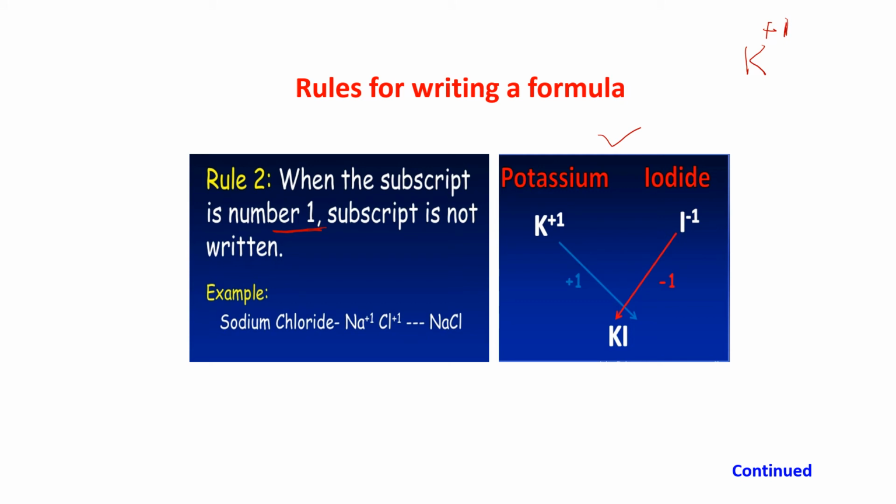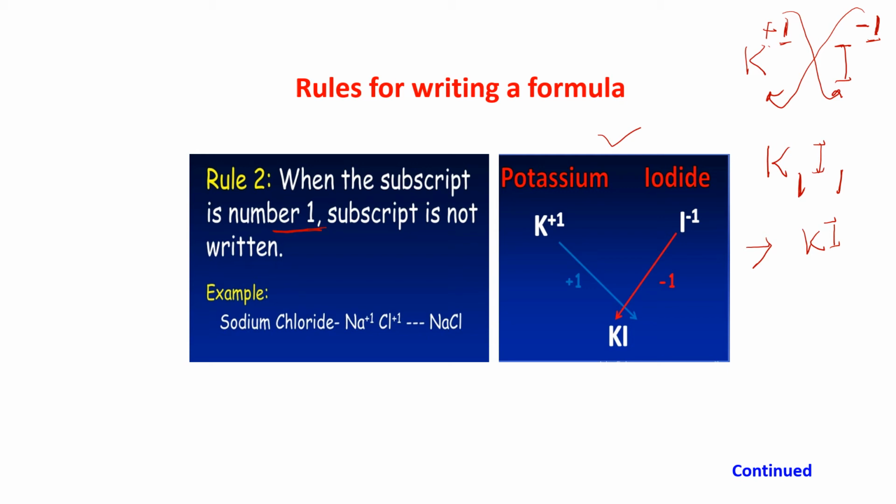Iodide is coming from iodine. It is I with a valency -1. So this is having -1 valency and this is having +1 valency. Now crisscross. What are you getting? K with this one without symbol and I with this one without symbol. This 1 and 1 we will not write. So what we are getting? KI.